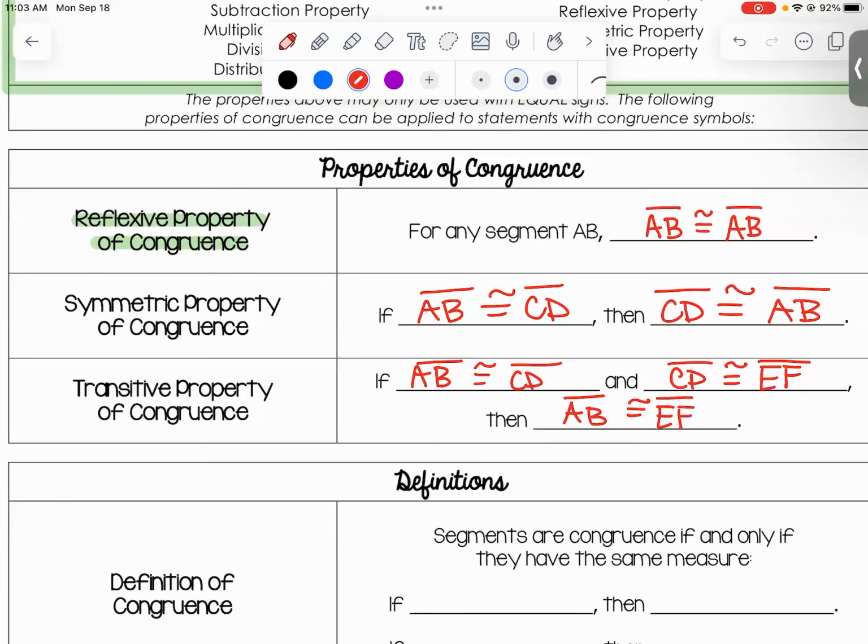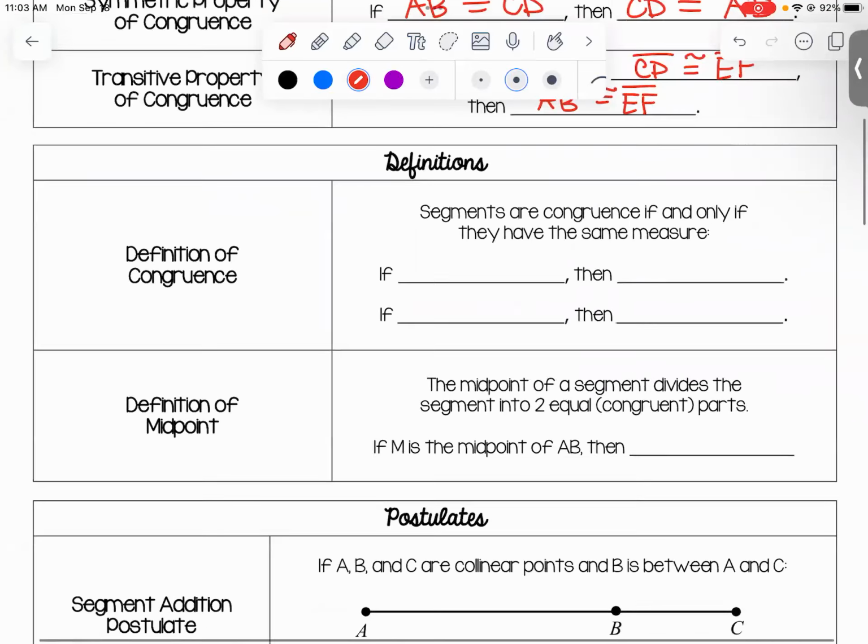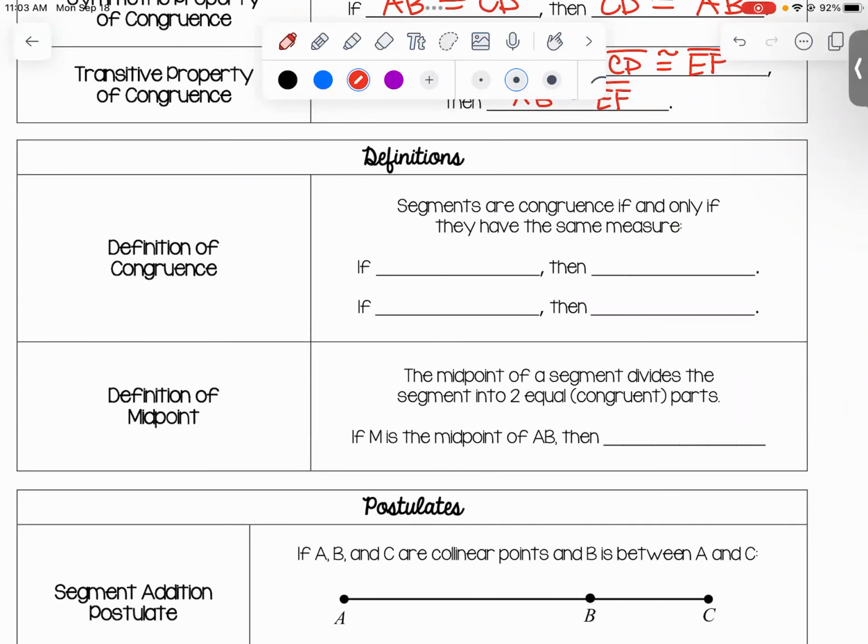Well, now that we're getting into the geometric proofs, we are going to need to pull from our toolbox of not only properties, but definitions, theorems, and postulates. So let's talk about some definitions that we already know, but how are we going to see them being used maybe in a proof?